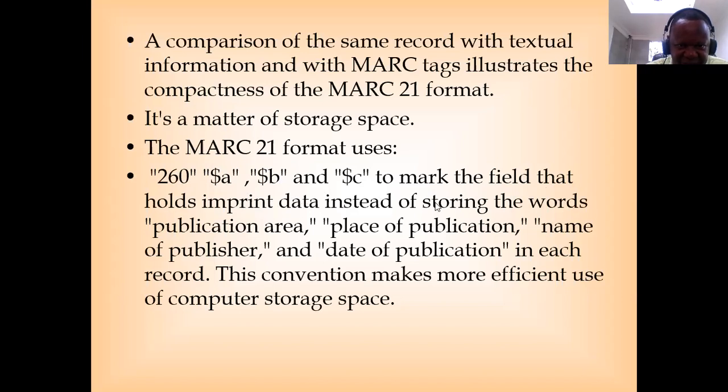Instead of storing the words publication area, we shall just put this 260. Instead of place of publication, it is this one now, this subfield. Name of publisher, it is this subfield B. And date of publication, it is this subfield C. So you can see it is the storage space now we are managing.